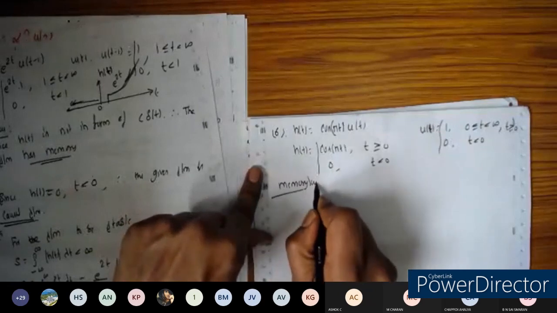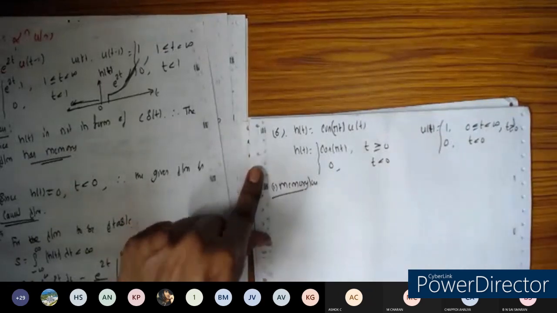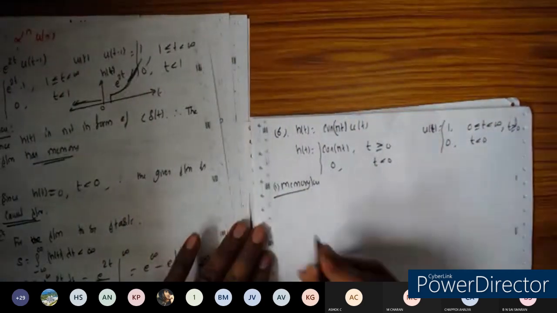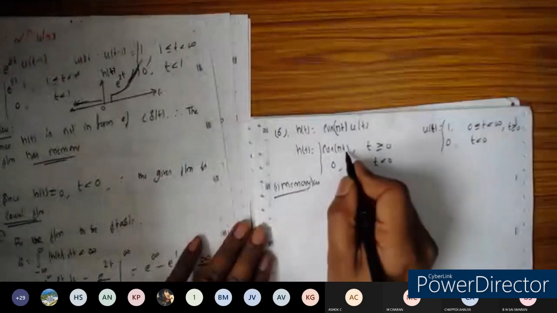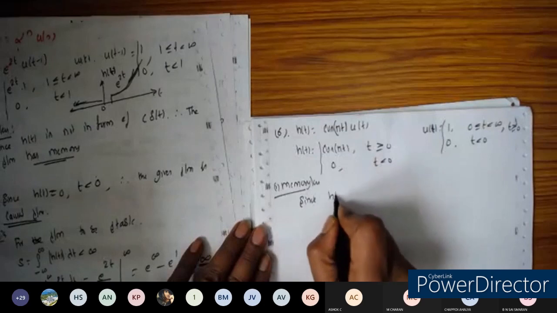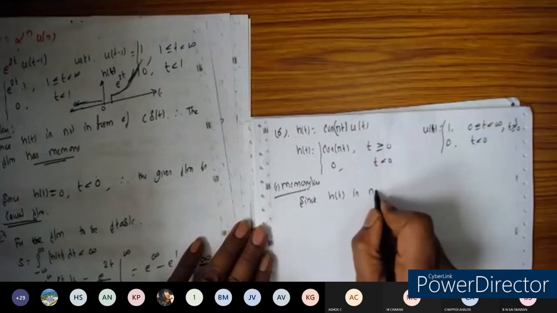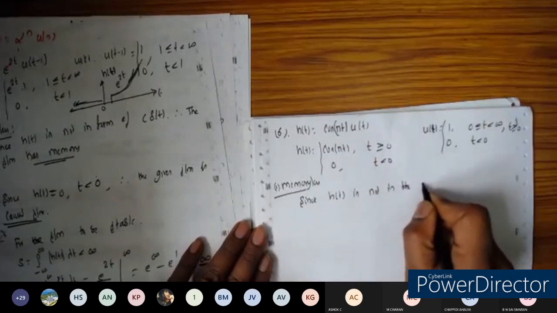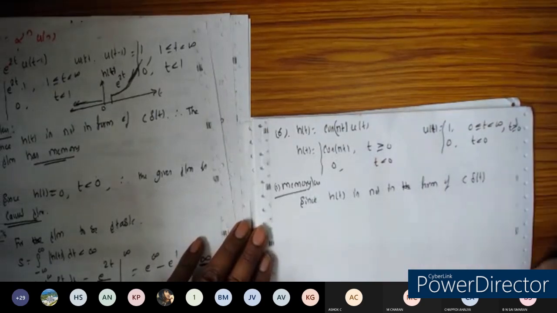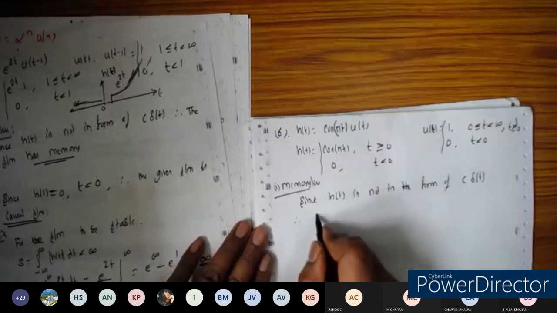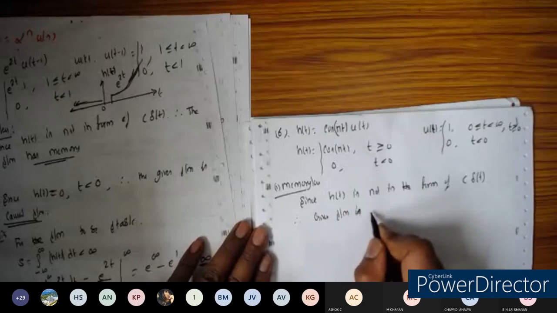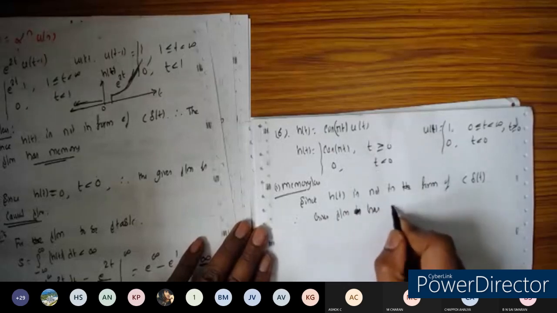The first one is called the memoryless property. Since h of t is not in the form of c into delta of t, therefore the given system has memory.